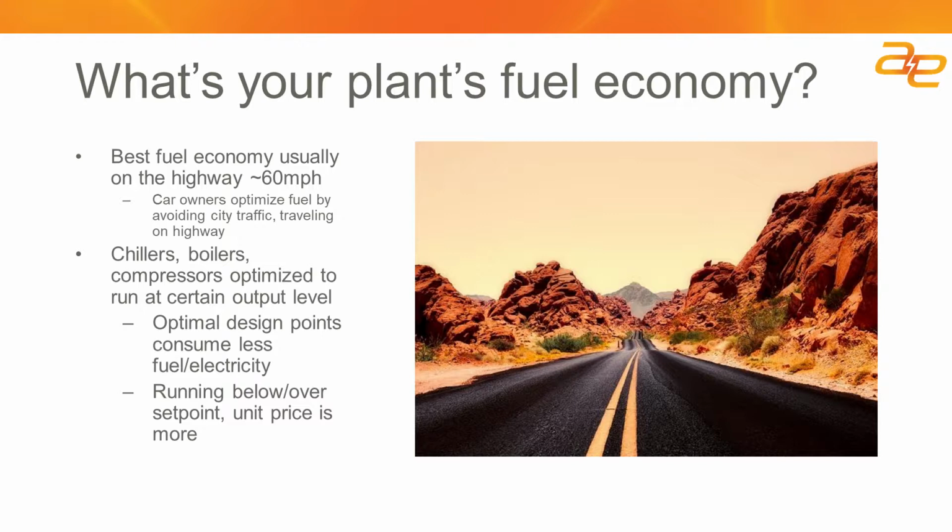Just like your car might be able to travel the most miles while traveling on the highway at 60 miles per hour, most chillers, boilers, and compressors are designed to output their utility at a design point which typically is near or close to the maximum output of the machine.